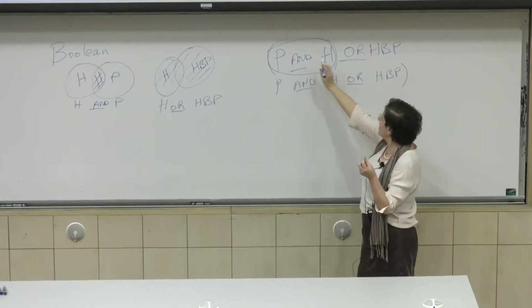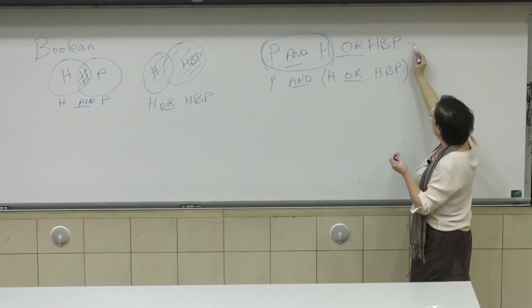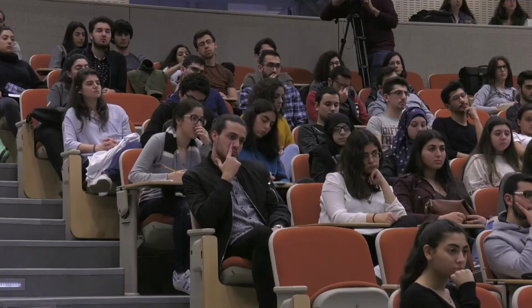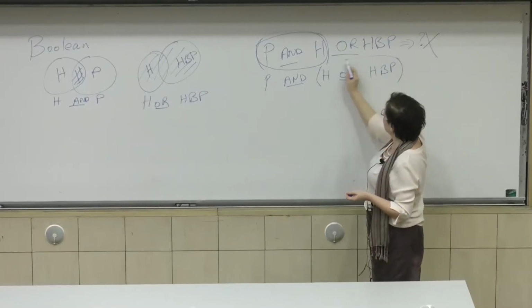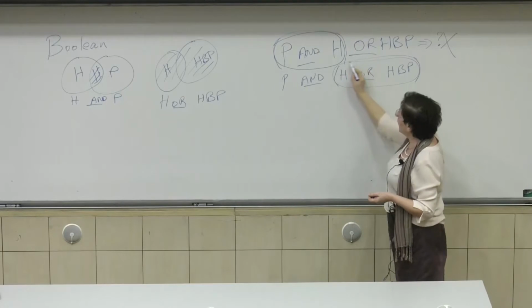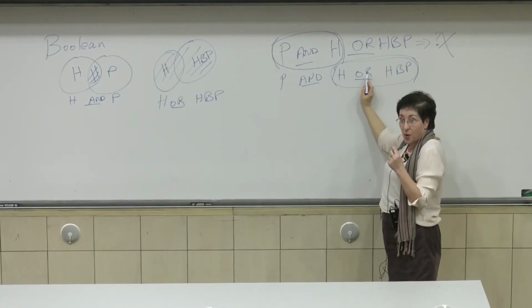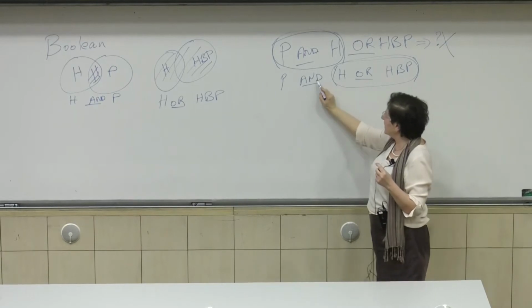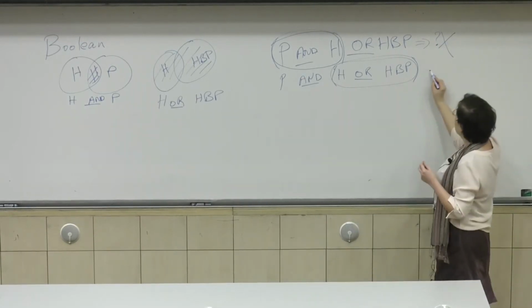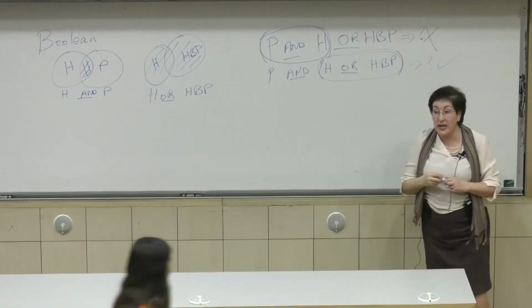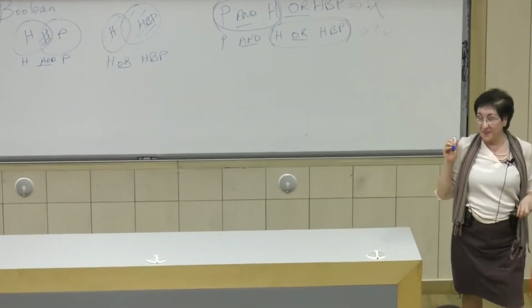But when I OR this result with high blood pressure, the final result, is it good? But here, I'm processing hypertension or high blood pressure first. Is it good now for my topic? No. But when I AND this with pregnancy, then the final one is correct. So it's the second one.